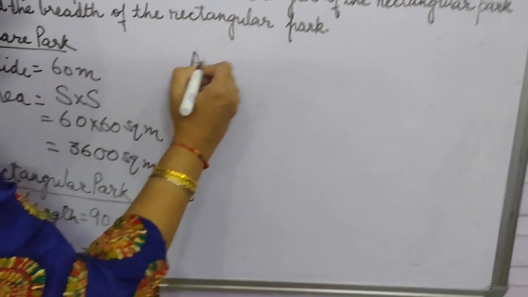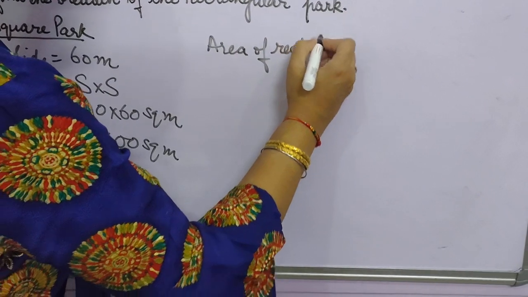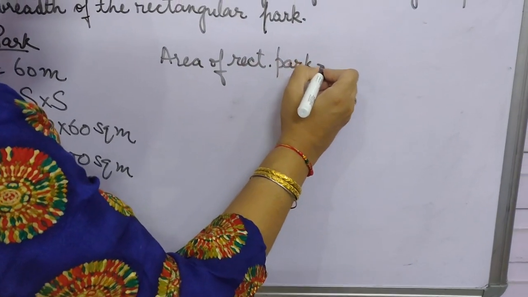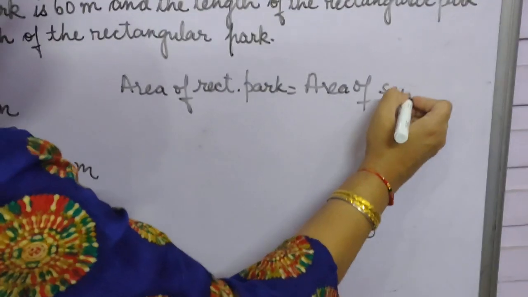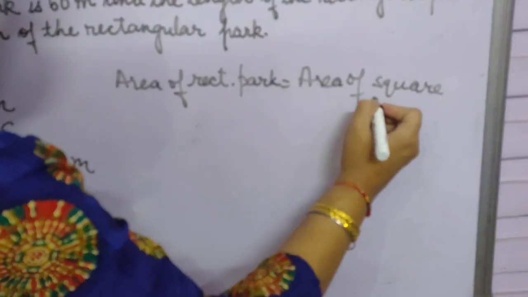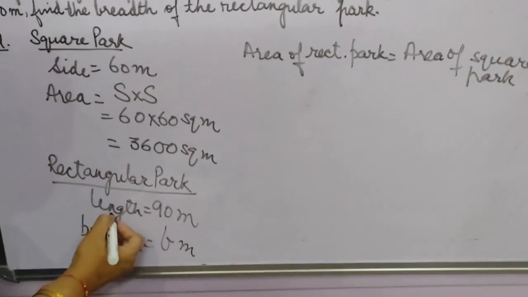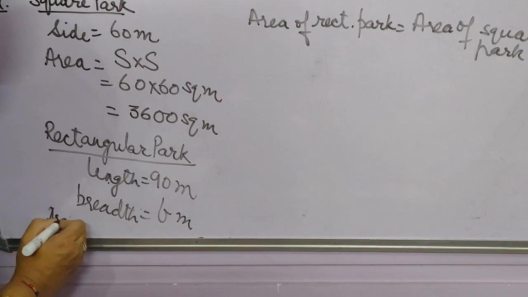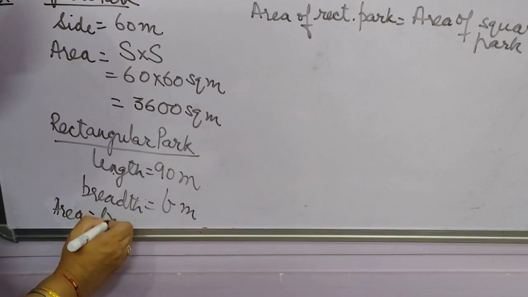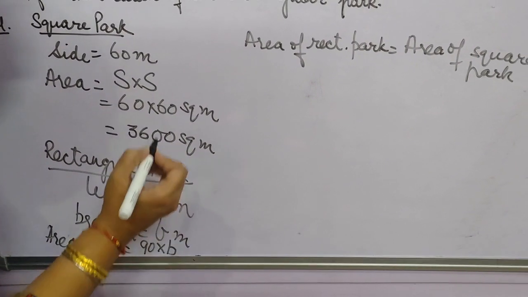Now we are given that the area of the rectangular park is equal to the area of the square park. Now since length is 90, breadth is b, what about the area? How do we calculate area? Length into breadth, that means 90 multiply b.